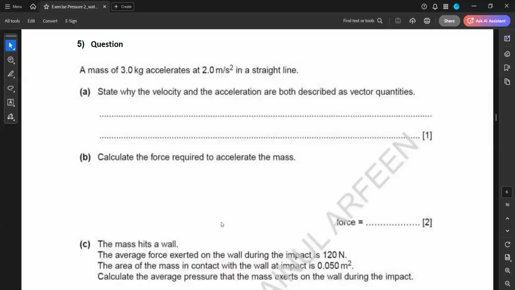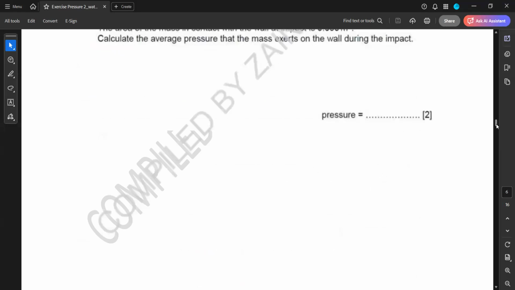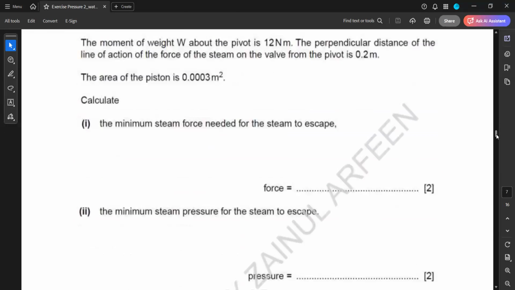Okay, no doubt in this. Question 6, any doubt?